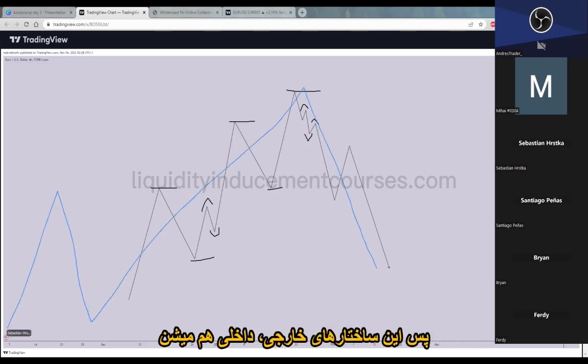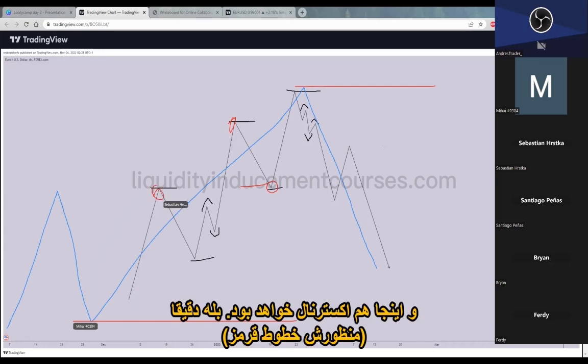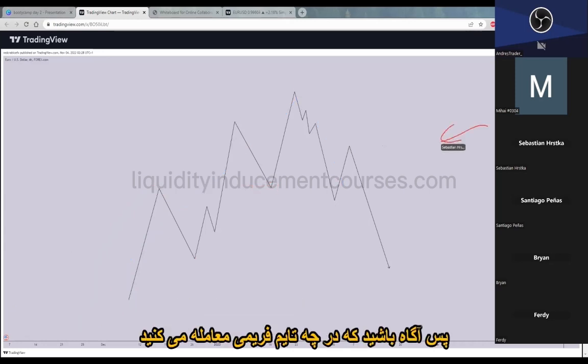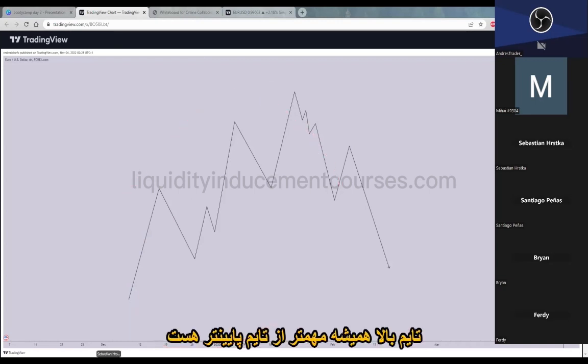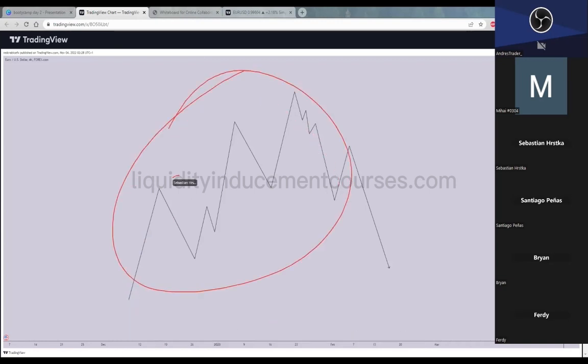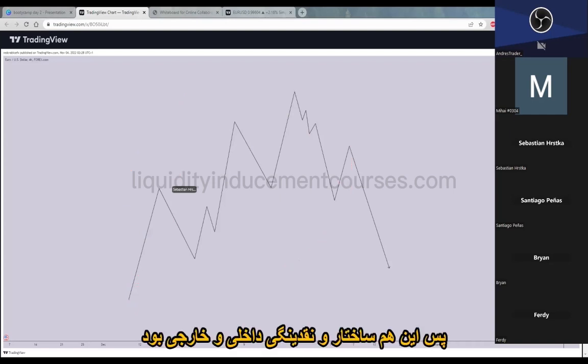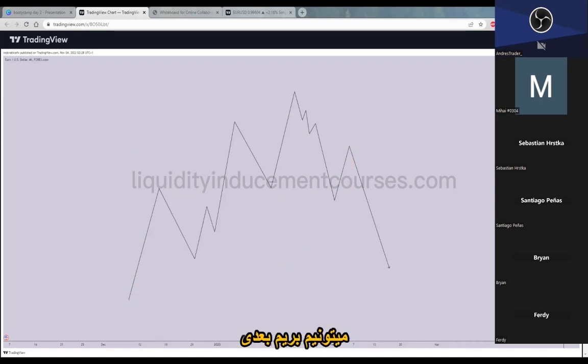So these externals are then internal, and this would be external. Exactly. So be aware of what time frame you're trading on, and always start with top-down analysis. You have to. The macro is more important than the micro. So yes, this is internal and external, and we can go to the next one.